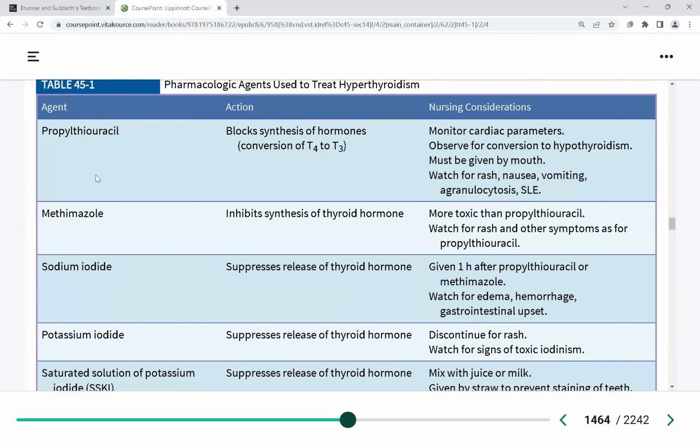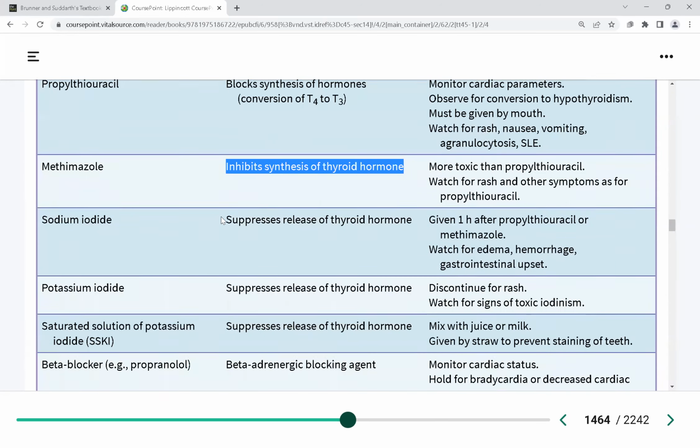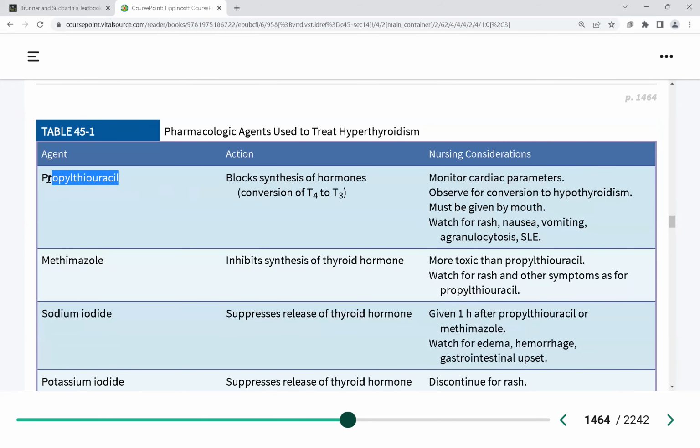They prevent the production of T3, T4. How? They prevent iodine from binding in the thyroid gland, thereby no T3, T4 production. What will you give first? The iodine or the methimazole? The methimazole. You will give this first.